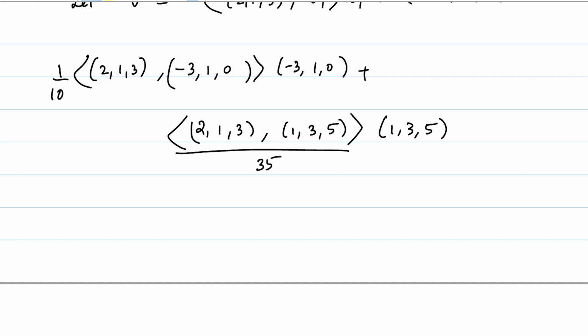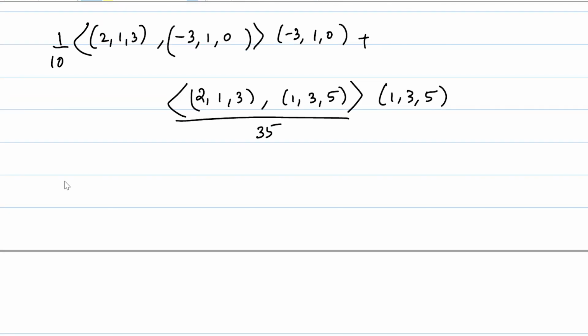So let's just compute this very quickly. This is just going to be minus 6 plus 1, minus 5. So this is minus 1 by 2 times (-3, 1, 0) plus 2 plus 3 plus 15 is 20. So 4 by 7 times (1, 3, 5).